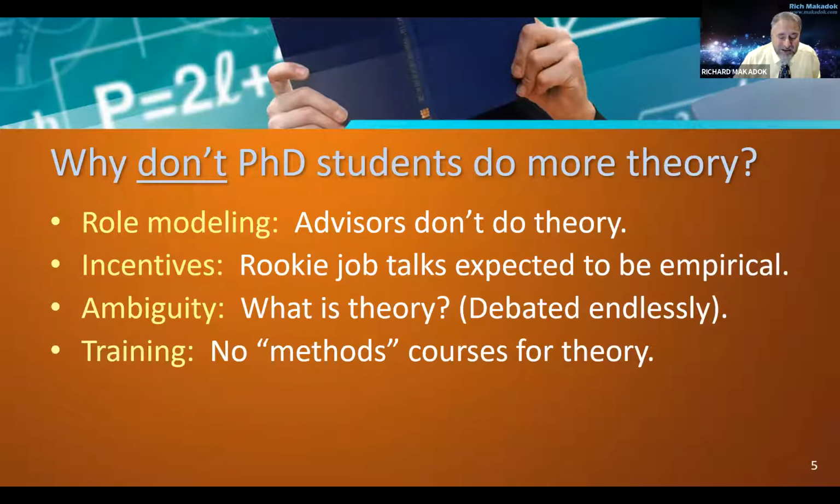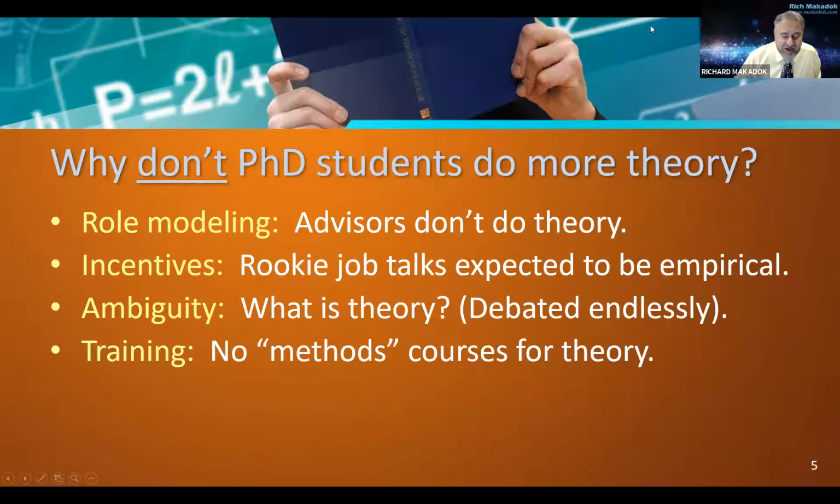If all our methods courses do is teach us how to do ever more sophisticated econometric methods, I guess that's useful, but it's not a complete education in methods, right? A complete education in methods would have to include things like study design, measurement and data collection, and honestly, theory development, right? So the fact that there is typically no methods course for theory also makes it difficult for doctoral students to make a contribution there.